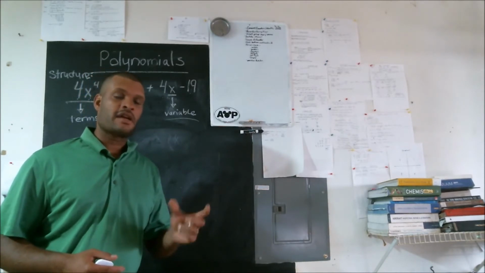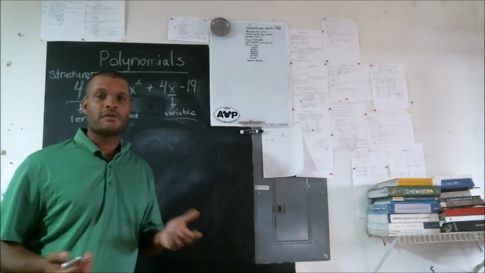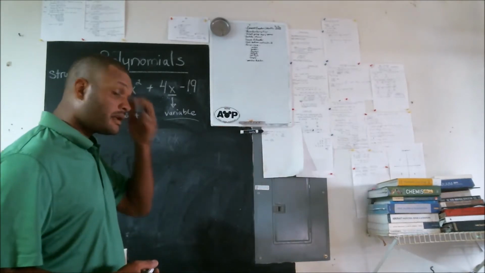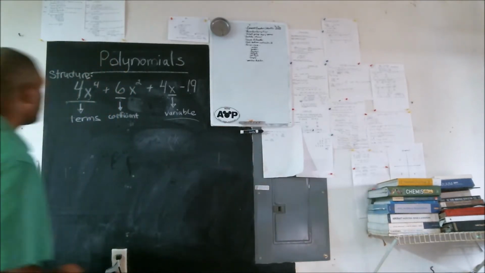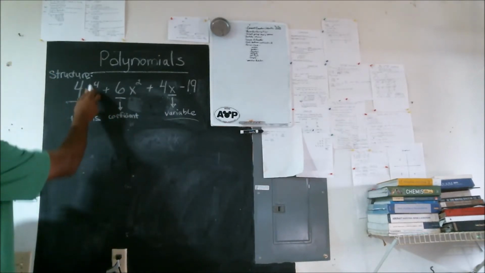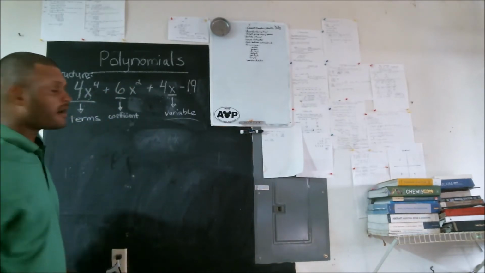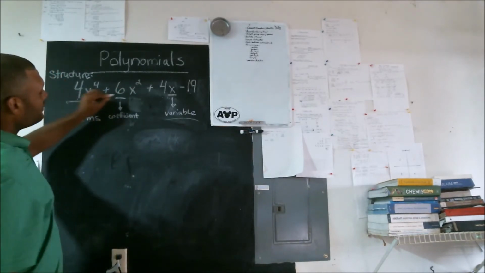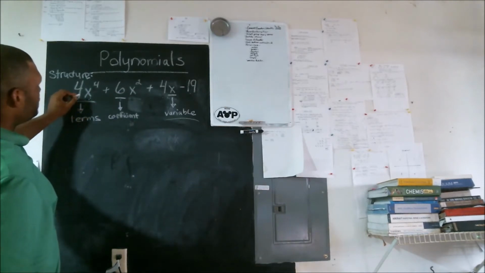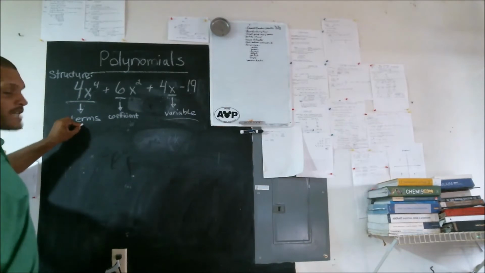Sometimes you can get the math right, but if it's not focused in the right direction, you'll end up getting the answer wrong. Okay. So we have our coefficient, our variable, and our exponent. I didn't list exponent here because it's self-explanatory. The coefficient, the variable, and the exponent together are how we get a term.